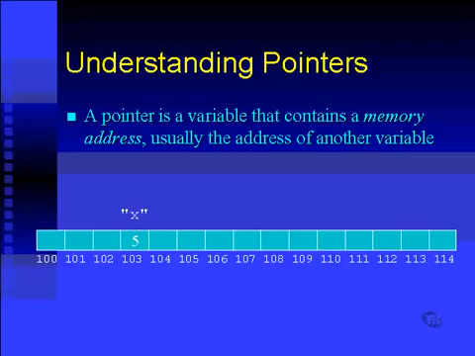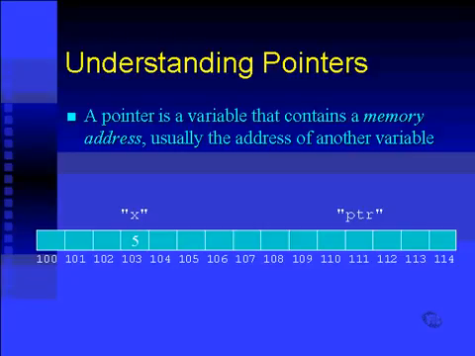Next, we label another piece of memory. We take the piece of memory that has the address 111 and we give that another label. We call that PTR, or I would pronounce that pointer. It doesn't really matter what you call it. It's just another label on another piece of memory.